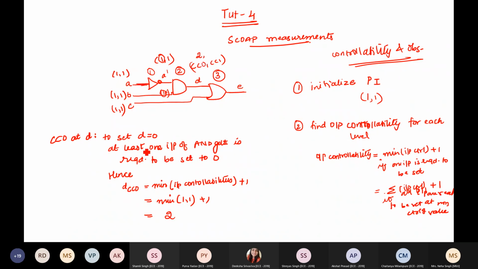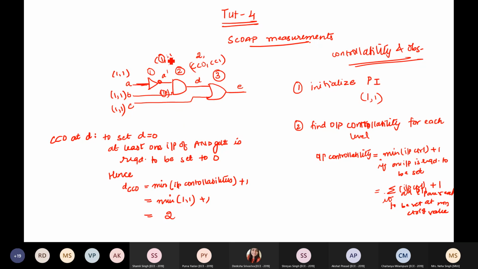Similarly, you will write for CC1. CC1 means you want to set the value of D equal to 1. If you want to set the value of D equal to 1, both the inputs of the AND gate are required to be set equal to 1. Therefore, you should take the sum of the input controllabilities.